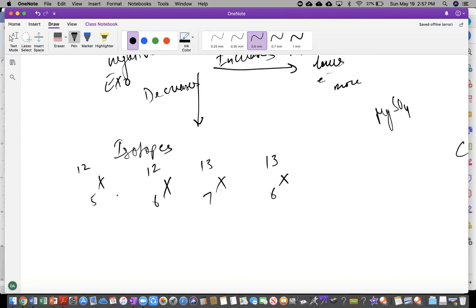Let's say I give you these examples, and I ask you which of these look like isotopes of each other.